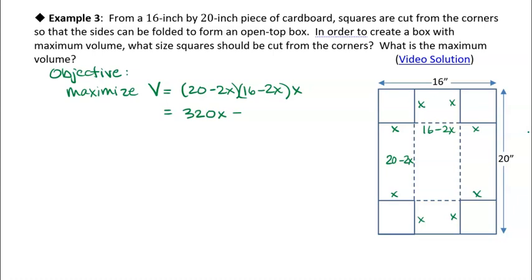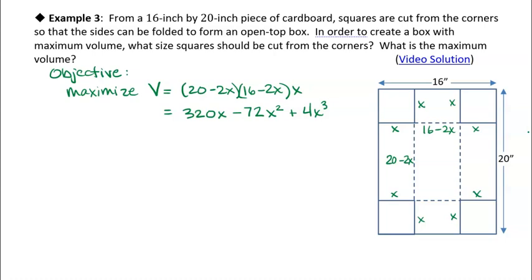That gives me negative 72x, but then I multiply through by this extra x, so I get negative 72x squared. And then the last term will be negative 2x times negative 2x, which is 4x squared, and then we multiply by the x. So we get plus 4x cubed. That's what happens when I FOIL it out and then distribute that x.